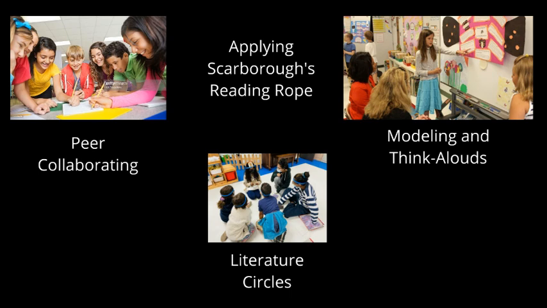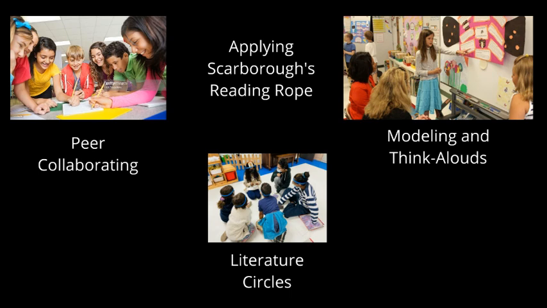When implementing these components, it allows the teacher opportunities to integrate math, science, and social studies. Integrating content into reading instruction provides students with high interest and effective lessons, and it also maximizes instructional time.